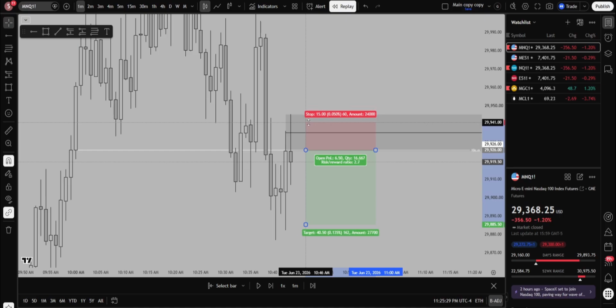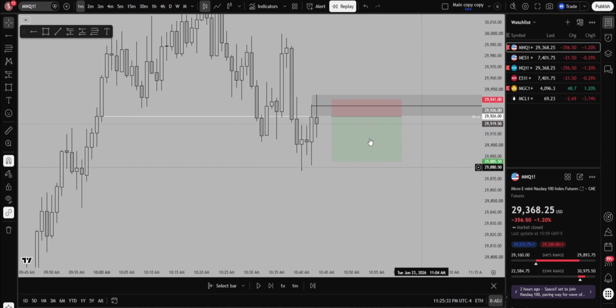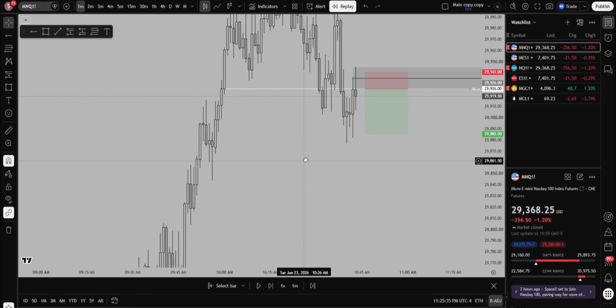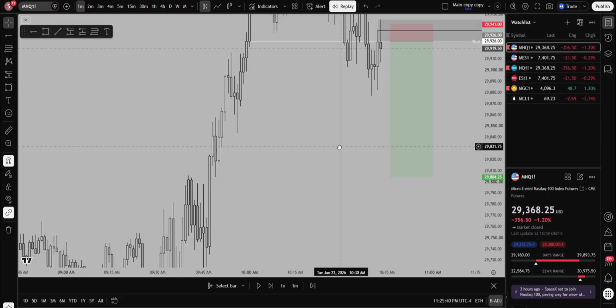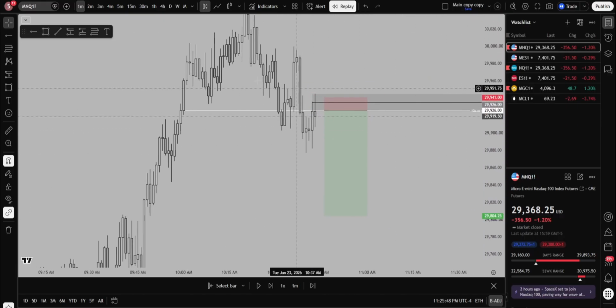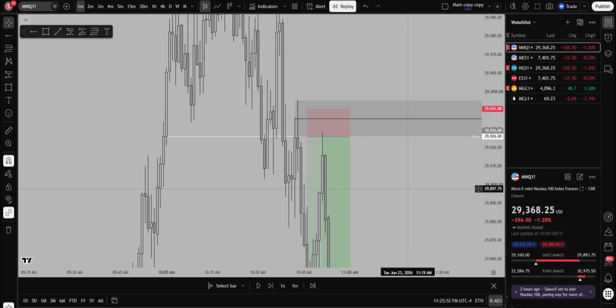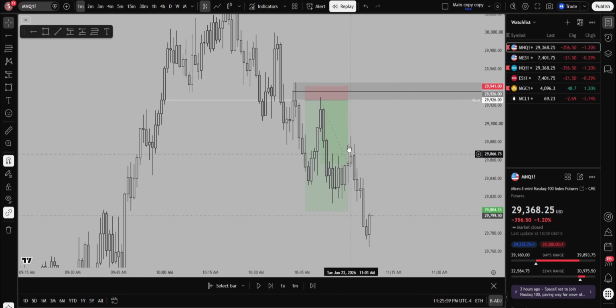And you do 15 points to cover the CE of the rejection block because the CE is always the most sensitive part. And you can target an internal low, or you could just target whatever makes sense. But we continue and you would have gotten tapped right here and price would have played out, as you can see.